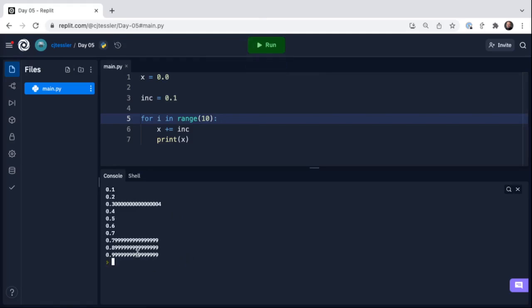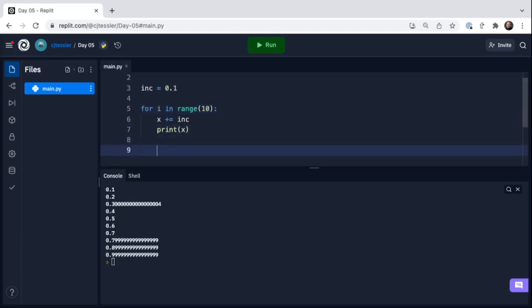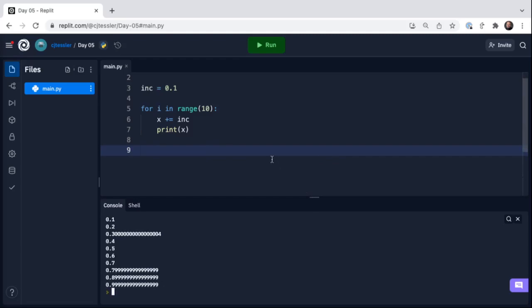There's some weird stuff happening, like with this, I was not expecting 0.799999999. I was expecting 0.8. So what's going to happen as you start trying to do some comparisons with floats, it might be natural to say something like, let's just say if x equal to 1.0, so this is what we're expecting.